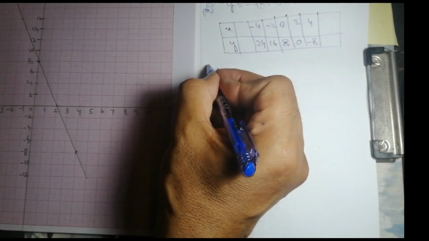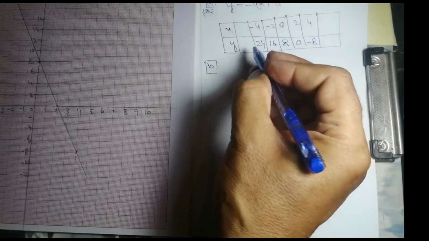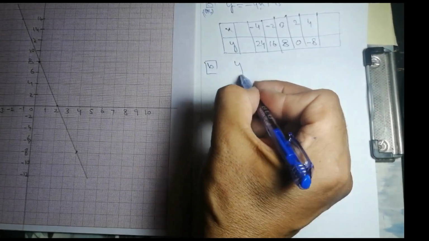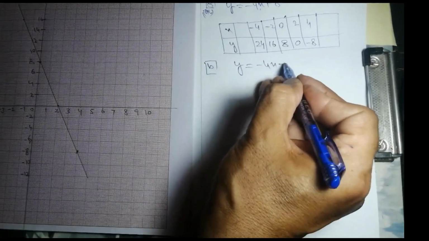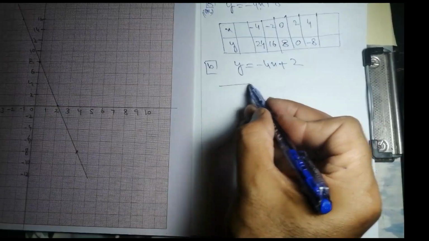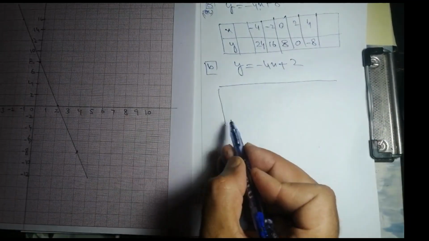And similarly for part B, the equation is y = -4x + 2, and again draw the table.